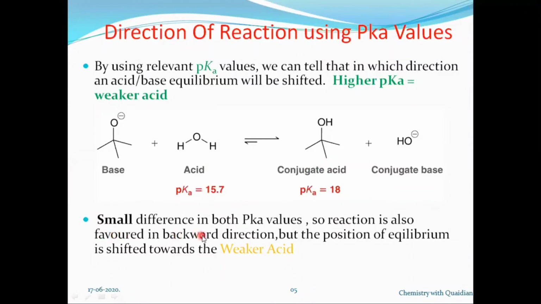So the small difference in the pKa values of these two acids shows that the reaction is also favored in the backward direction. The reaction is in equilibrium, but the position of the equilibrium is shifted towards the weaker acid. As its pKa value is high, this acid will be weak, and the equilibrium is shifted more towards the forward direction.